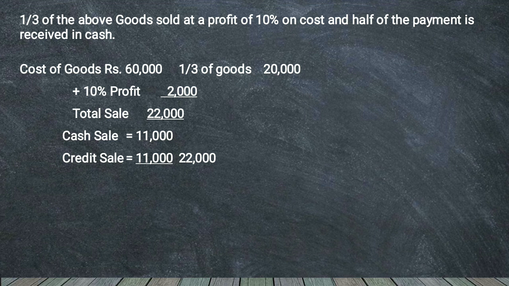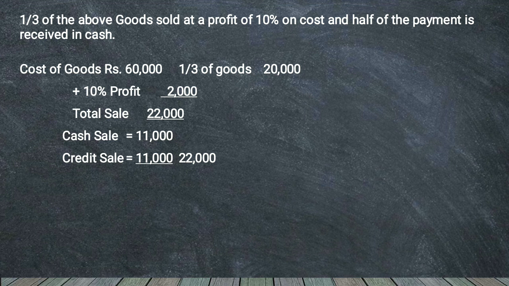We have sold it at a profit of 10%, and 10% of the cost 20,000 is 2,000. So total sale will be 22,000, and out of 22,000 we have to find out the amount of cash sale and credit sale, because cash sale will increase the amount of cash and credit sale will increase the amount of debtors. So different effects are there, because of the cash transaction our cash will increase, because of the credit transaction our debtors will increase.